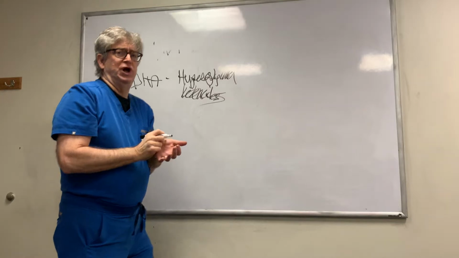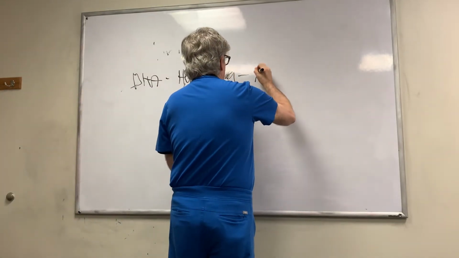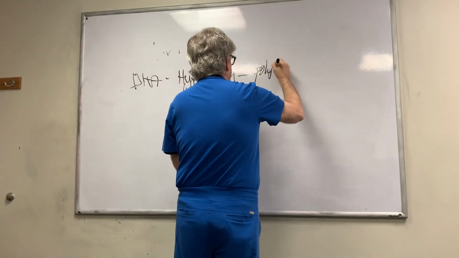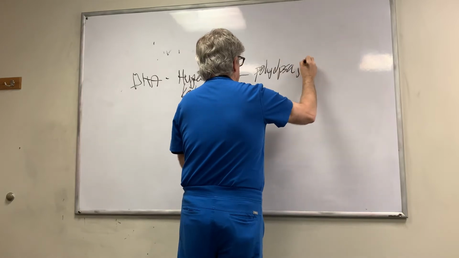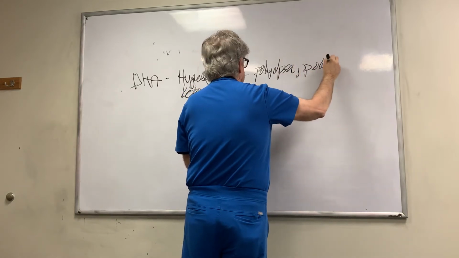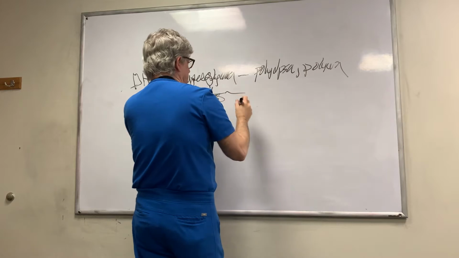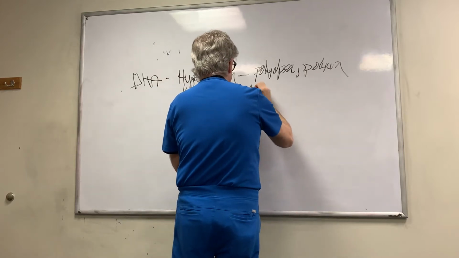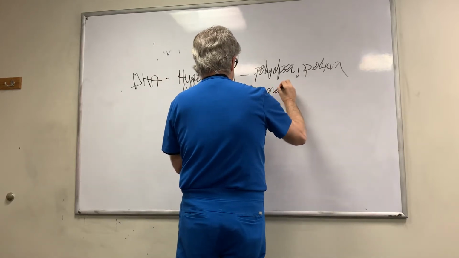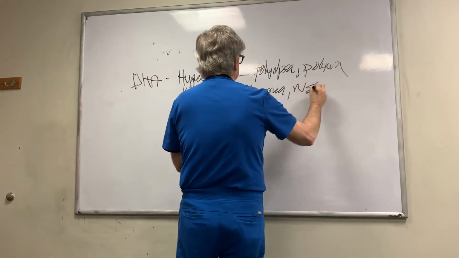The symptoms due to hyperglycemia are polydipsia and polyuria. And the symptoms due to DKA are dyspnea and nausea and vomiting. So let's talk about these.